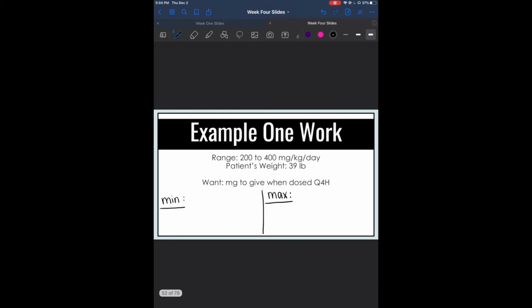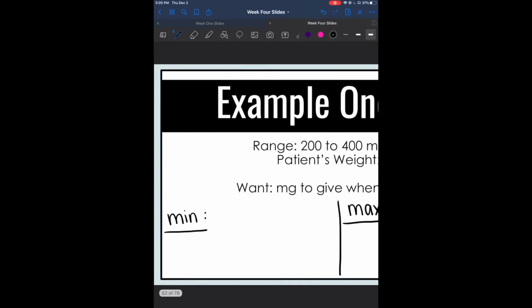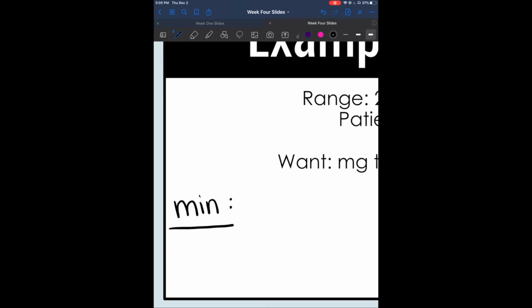So now we want to look at how many milligrams they're going to get when they're dosed every 4 hours. So starting with our minimum, we're giving them 3,545.5 milligrams in one day.